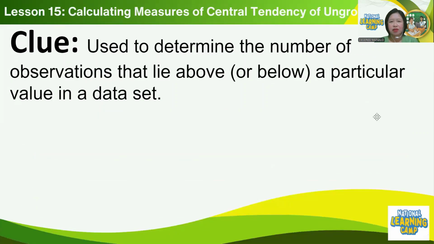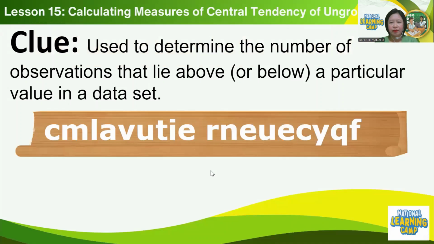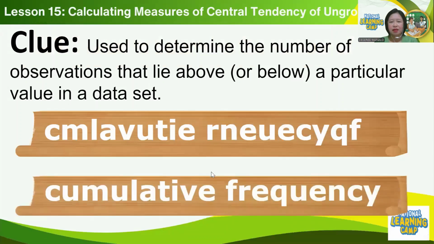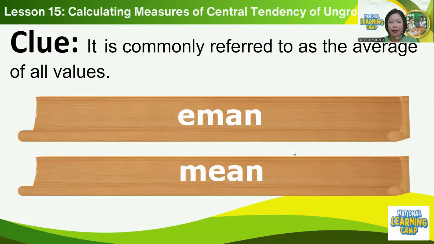Next, used to determine the number of observations that lie above or below a particular value in a data set. The answer is cumulative frequency. It is commonly referred to as the average of all values. The answer is mean.